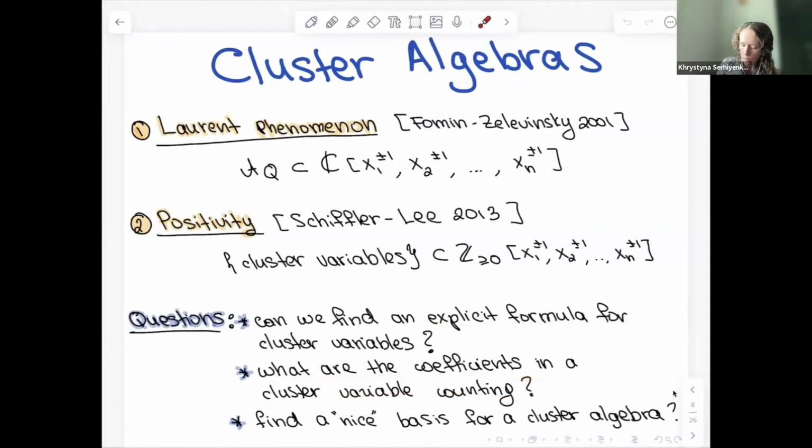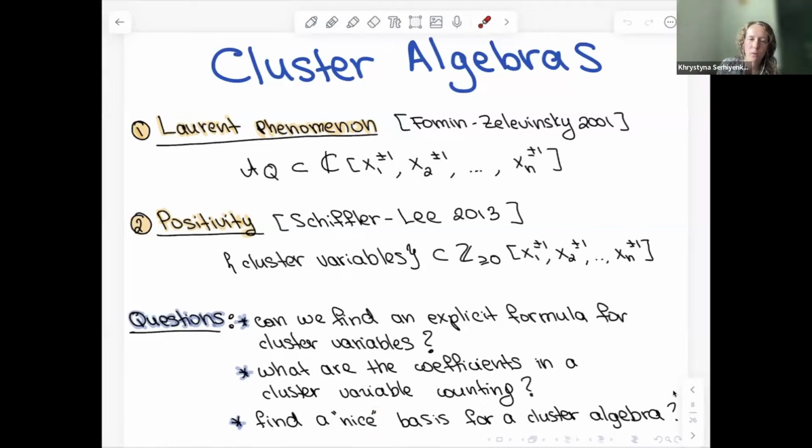And then another question which often comes up in cluster algebras is, can we find a nice basis for cluster algebras? The word nice here is in quotation marks, and depending on what you're looking for, you may have different definitions of nice. But for example, you always want to have cluster variables as elements of your basis.